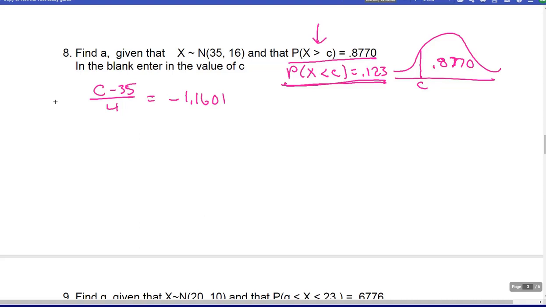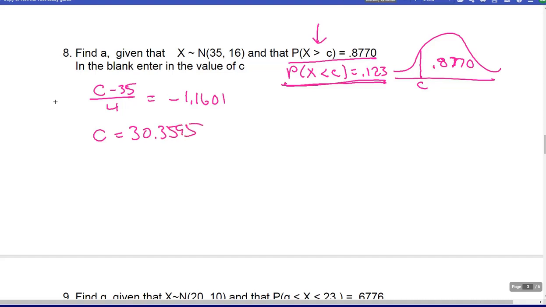Push store x, menu 1. All right, now remember x is negative 1.1601, so type in x times 4. What's that give you? Negative 4.64. And now how do I get the C by itself? Plus 35. What's the answer? 30.359.